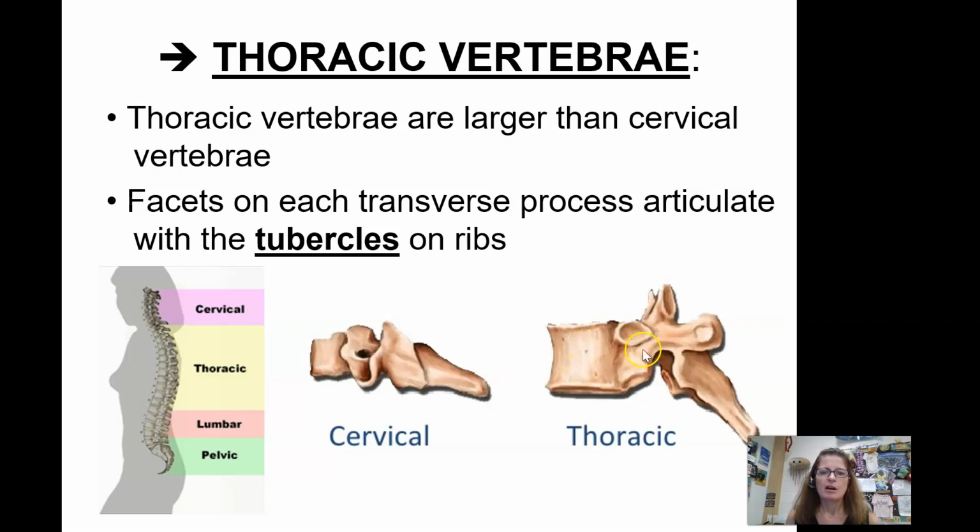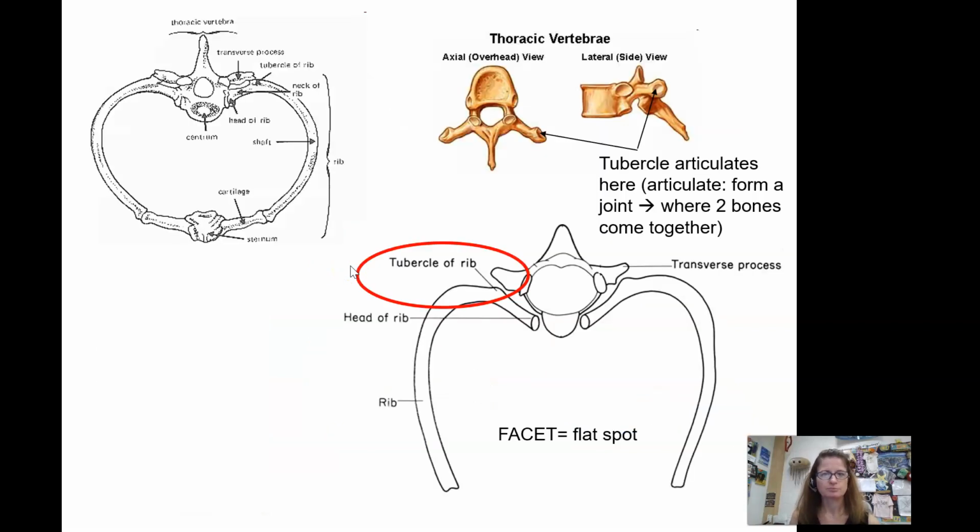On the transverse processes for each of these thoracic vertebra, it's going to articulate, in other words, join up with a small bump, the tubercle, on a rib to make up your rib cage. Let's look at what that looks like. This is a transverse cut looking down. You can see here the spinous process, transverse processes.